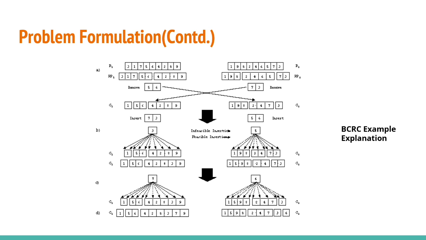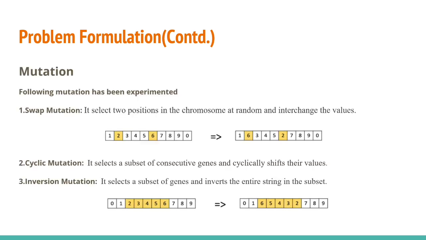So c1 and c2 may, not surely, but may, have better performance in terms of the number of vehicles and the distance covered by the vehicles. This crossover generally gives us better results, not all the time but generally. c1 and c2 are better in performance than their parents.